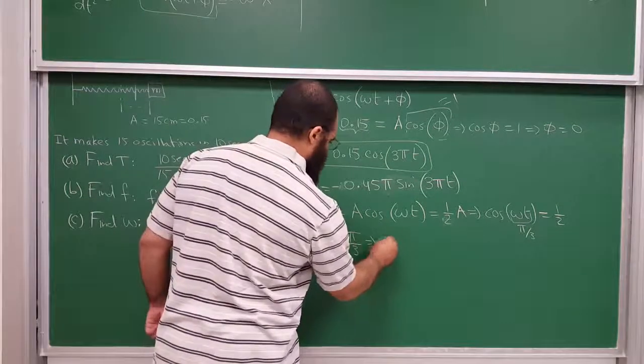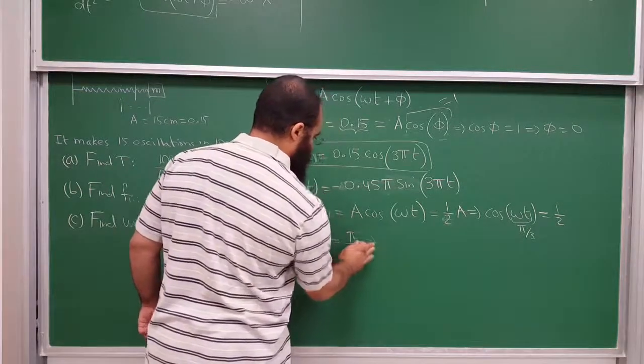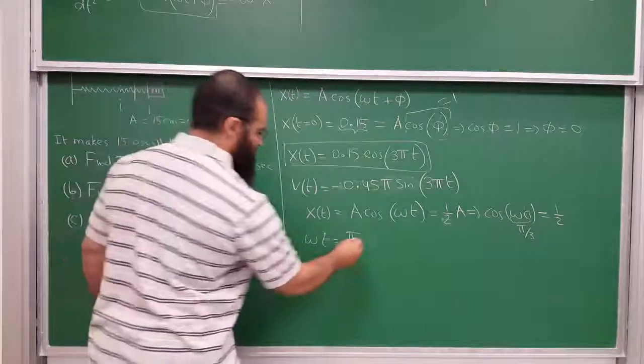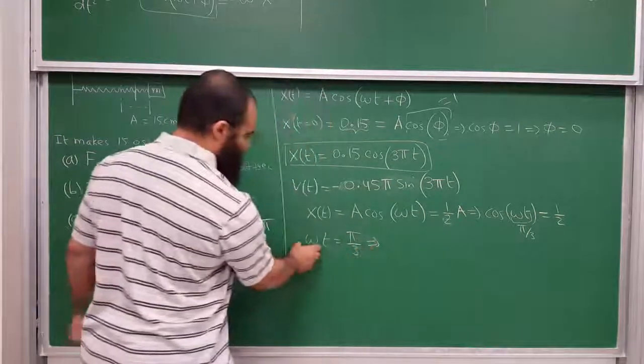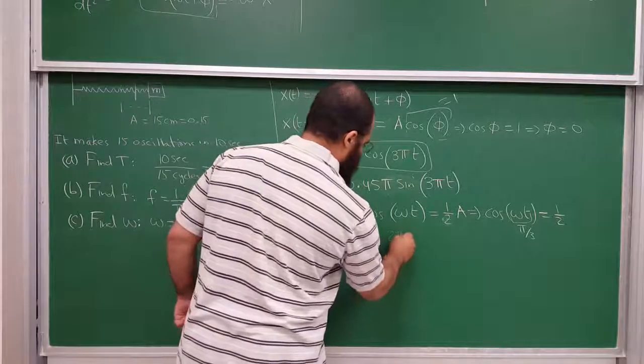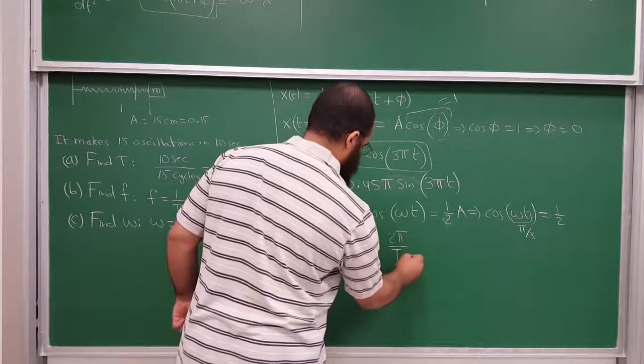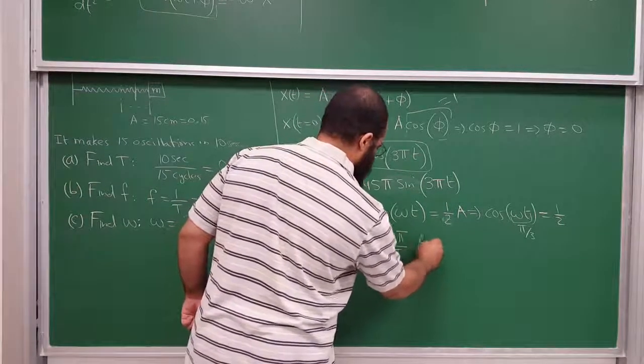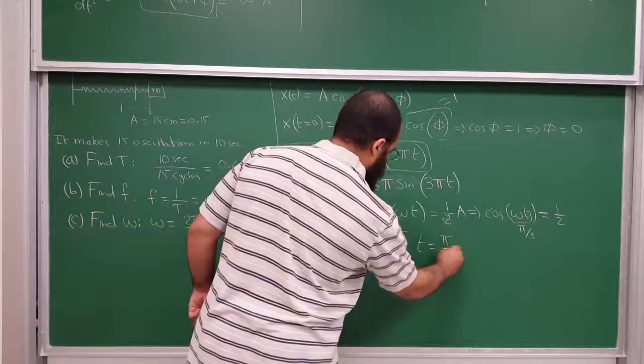And so t, since I want it in terms of the period here, let me just see. Omega is 2 pi over the period, so 2 pi over the period times t equals pi over 3.